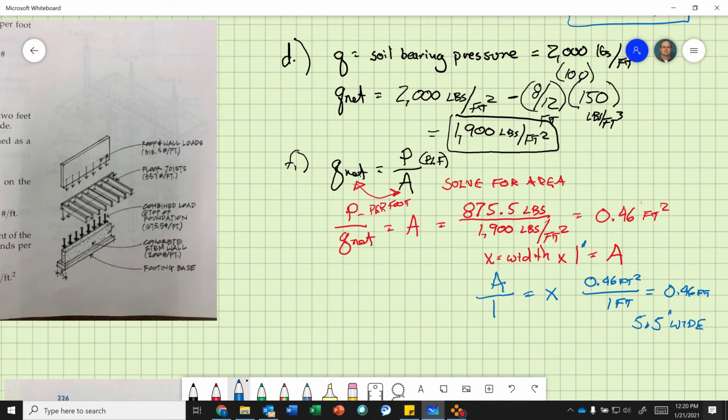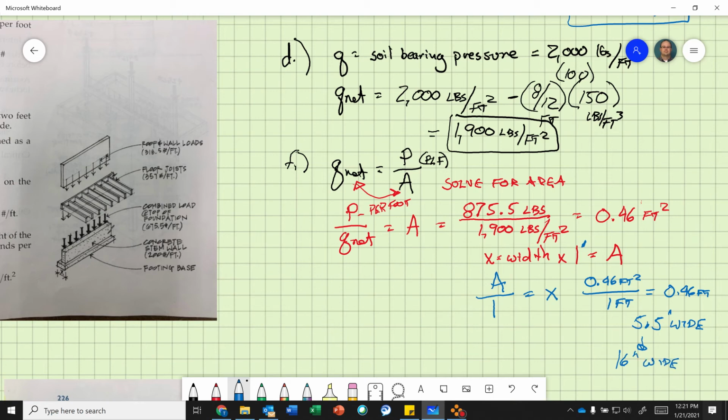Obviously, your footing cannot be narrower than your foundation wall. Your foundation wall is 8 inches wide. Plus, I do believe code says your footing has to be at least 4 inches wider on each side of your foundation wall. So we're going to round that up. 8 inches plus 4 plus 4, your footing is going to be 16 inches wide.